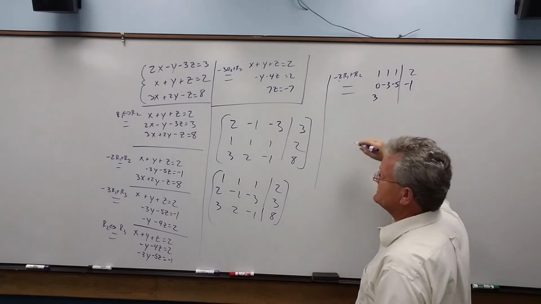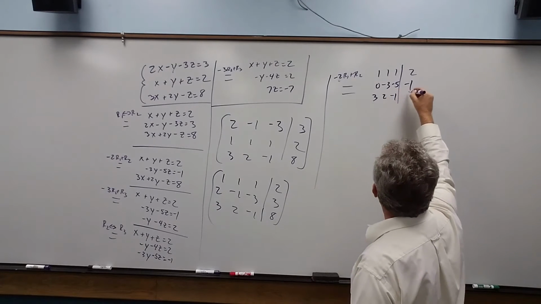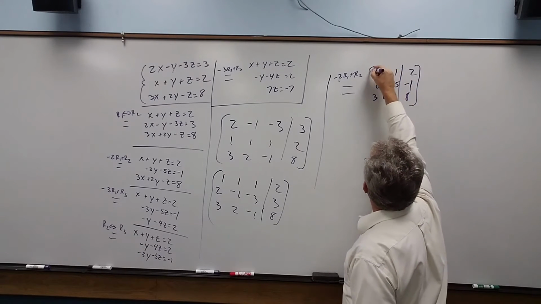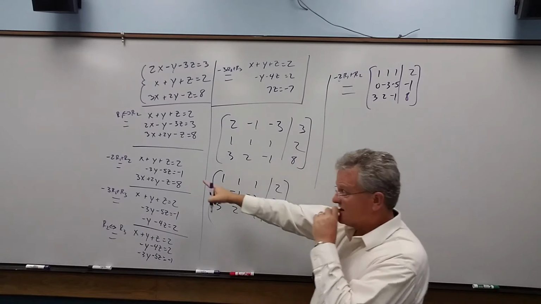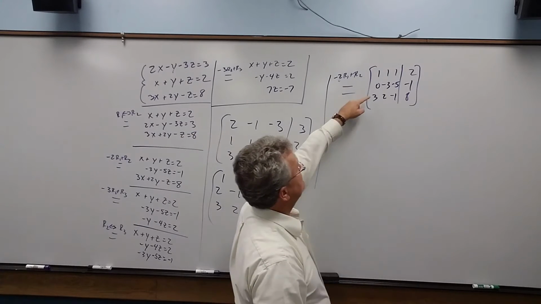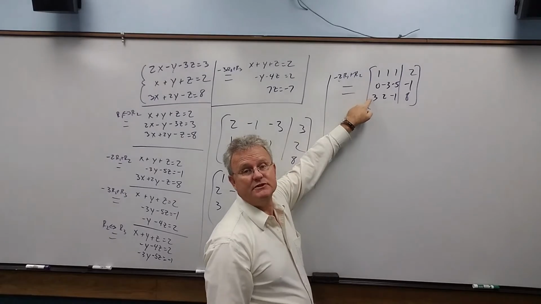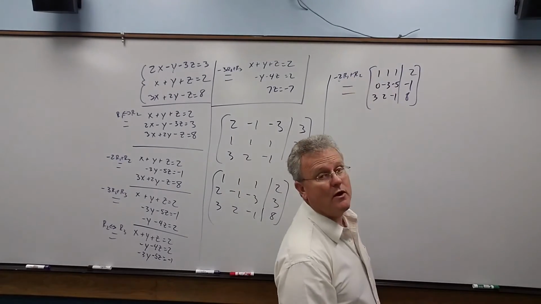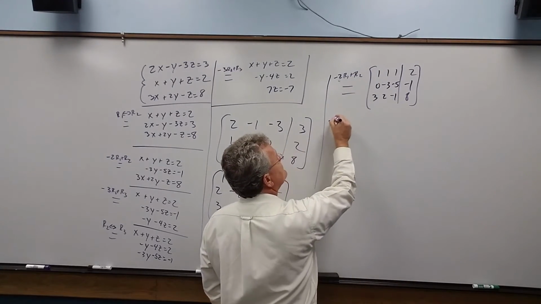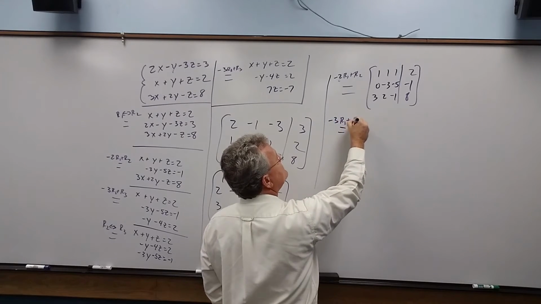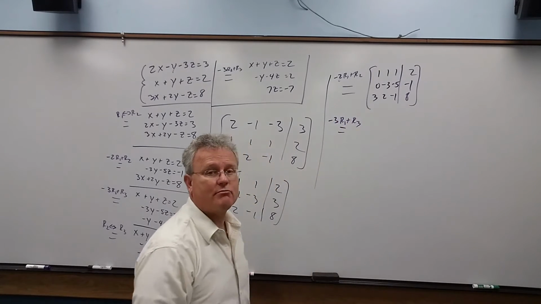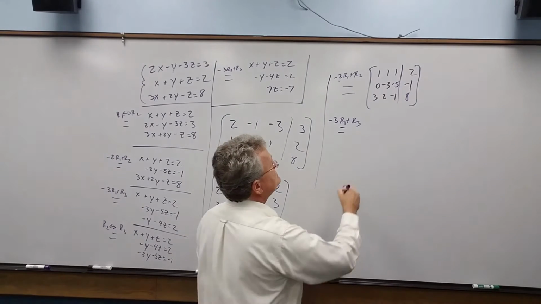I'll do one step at a time here, so it matches up with what we're doing over here. We got this entry to be 0, now we want this entry to be 0. To do that, we multiply row 1 by -3 and add it to row 3, so row 3 is the only row changing.